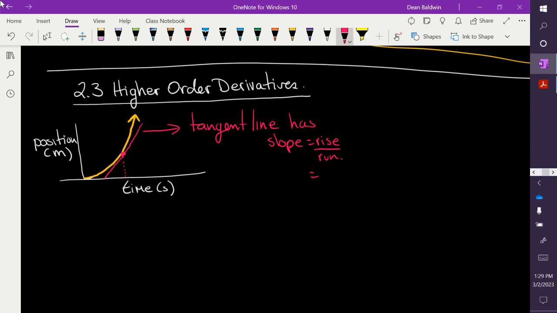Meters. The up down is meters, right? Or centimeters, but we put an M there, so we're going to go with meters. And the run is measured in seconds. Wow, that's very unison. And the slope of the tangent line in calculus is called the... What's this unit called? Derivative.